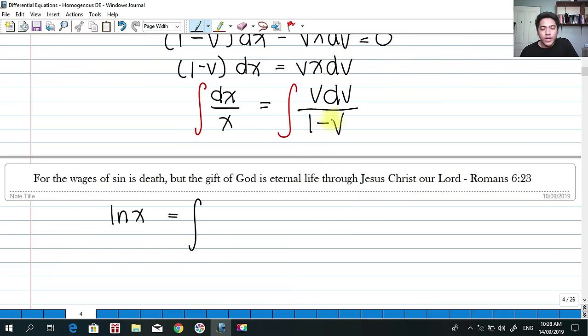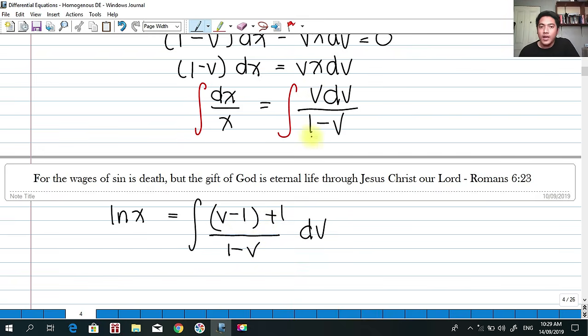My goal is to make the numerator the same as the denominator. So I could rewrite the numerator as (v minus 1) plus 1, over 1 minus v dv. This numerator is still equal to v, since v minus 1 plus 1 is still equal to v.